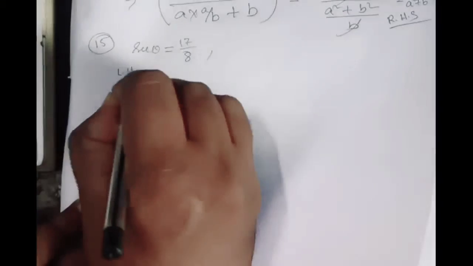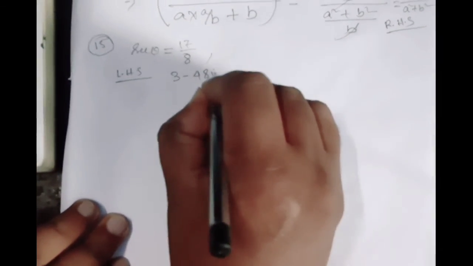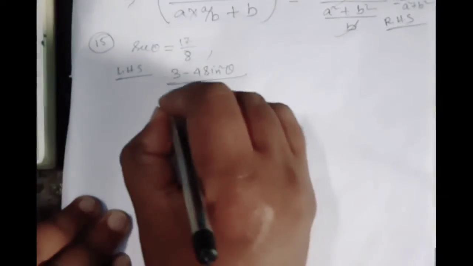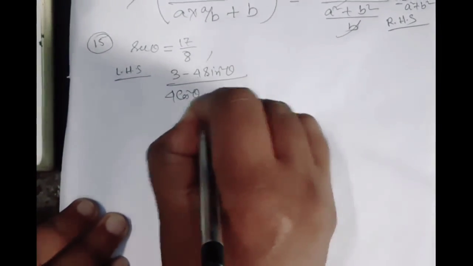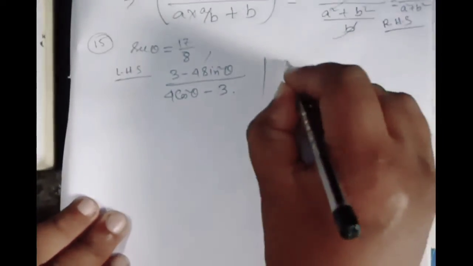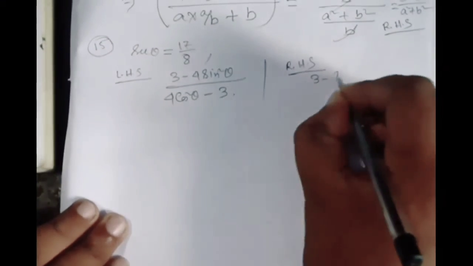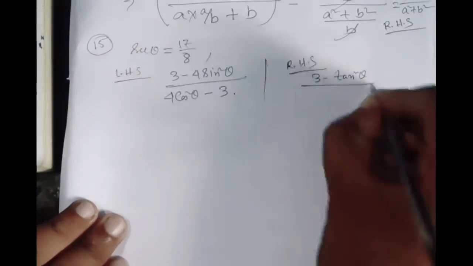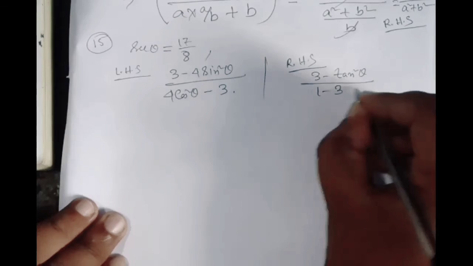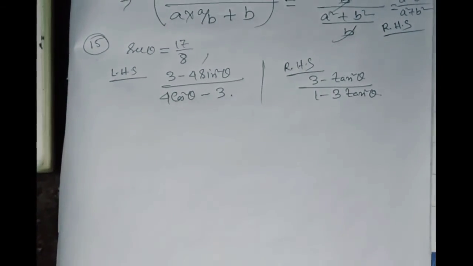If so, then we have to verify that LHS is equal to 3 minus 4 sin square theta by 4 cos square theta minus 3. This is LHS, and RHS is given 3 minus tan square theta by 1 minus 3 tan square theta. So we have to verify these two.